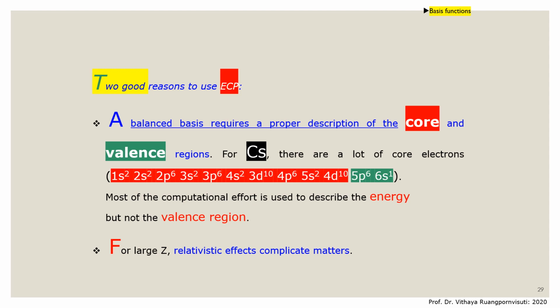Most of the computational effort is used to describe the core energy, but not the valence region. The second: for a large nucleus, relativistic effects complicate matters.